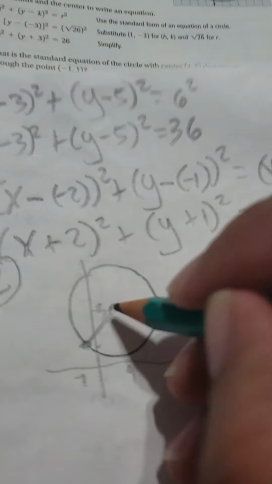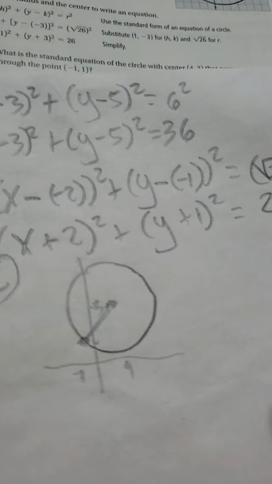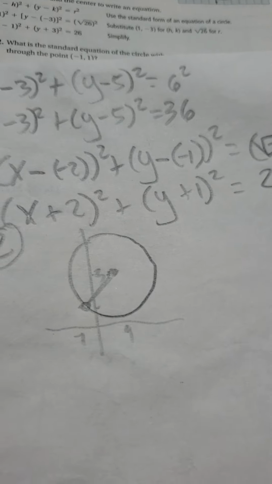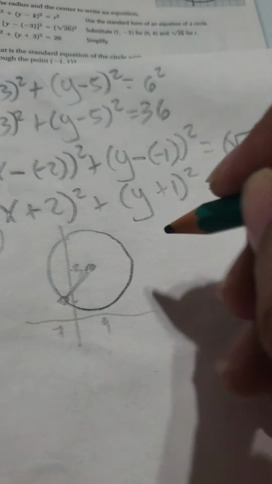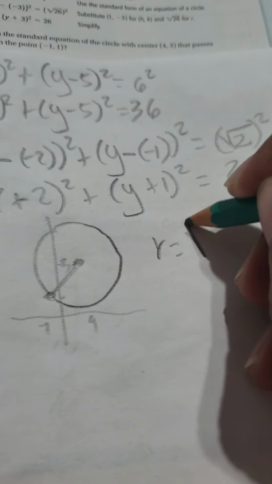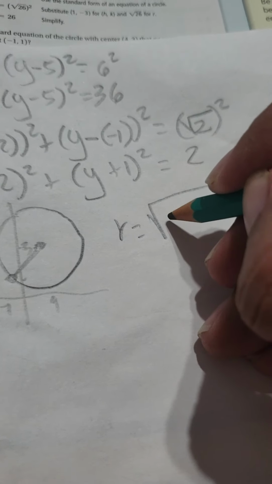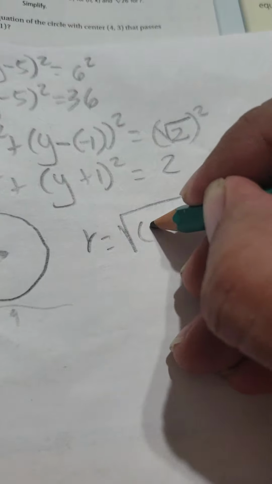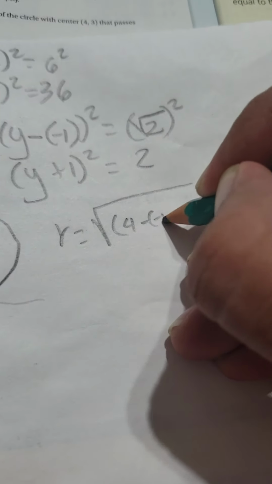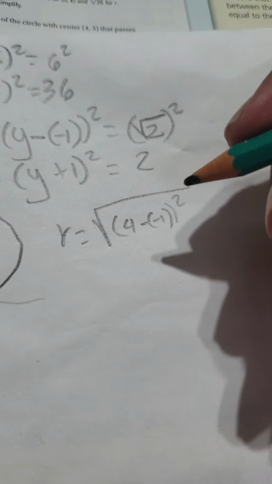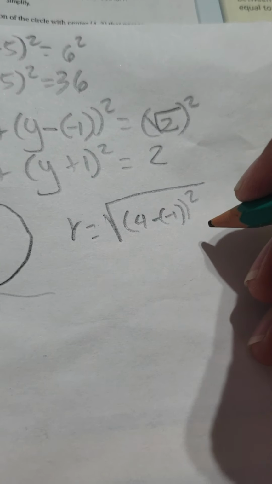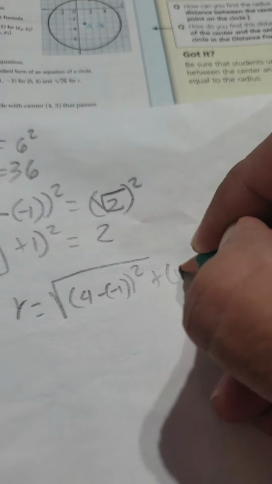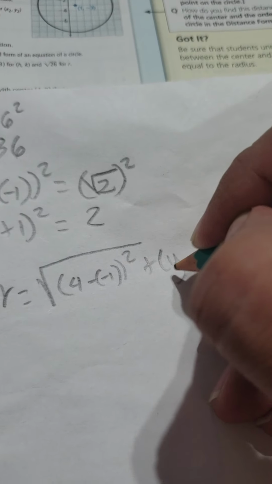We need that distance to know the radius. Now, how do we find a distance with 2 points? Well, using the distance formula. The radius will be the square root, using the distance formula, of the subtraction of the x coordinates, 4 minus -1 to the second power, remember, it is like the Pythagorean theorem, plus y to the second power.